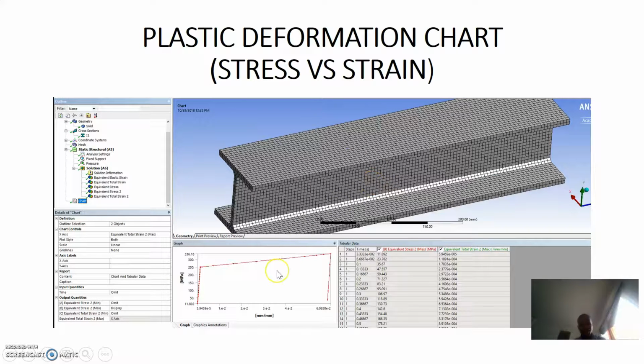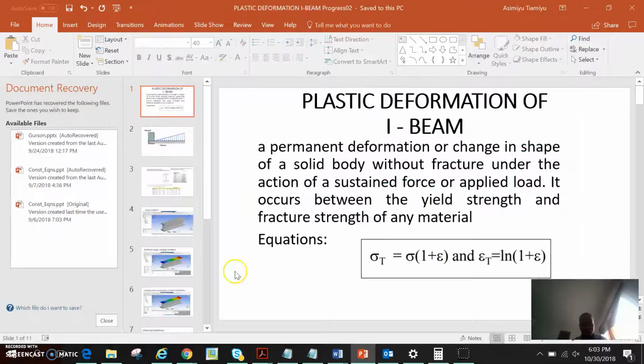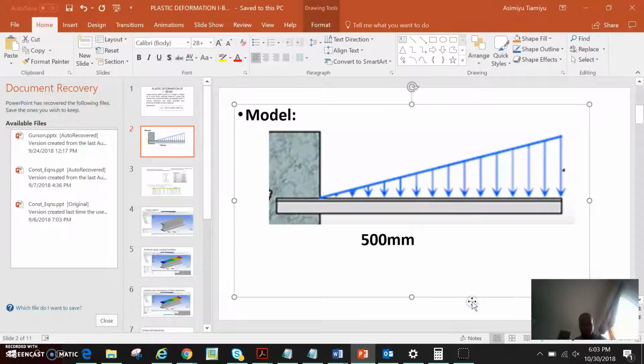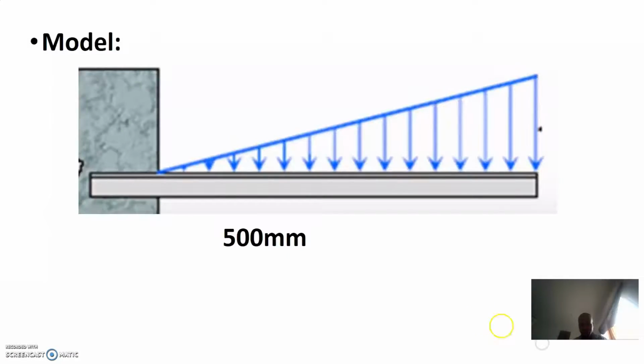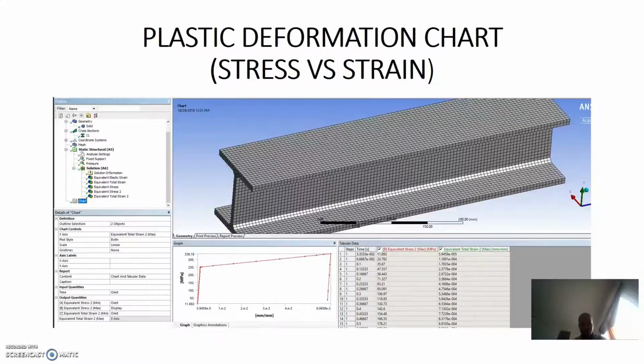This is the plastic deformation graph that I mentioned earlier. If you see this graph, from here to here is the elastic region, and from here to here is the plastic region.